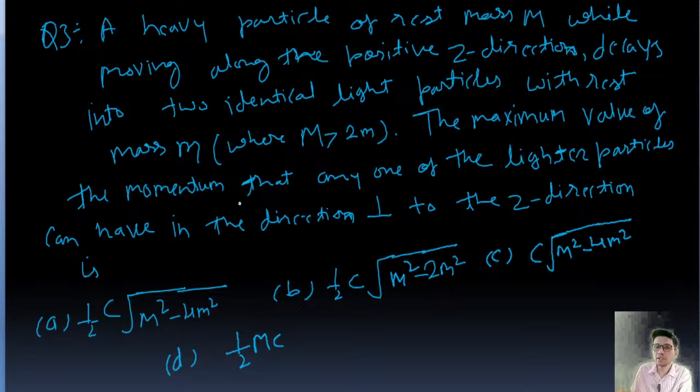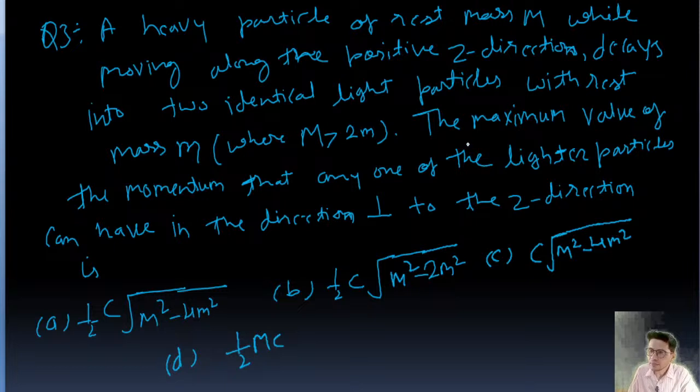So the question: a heavy particle of rest mass capital M, so it has a relativistic velocity, moving along the z direction, decays into two identical light particles with rest mass small m, where capital M is greater than twice small m.